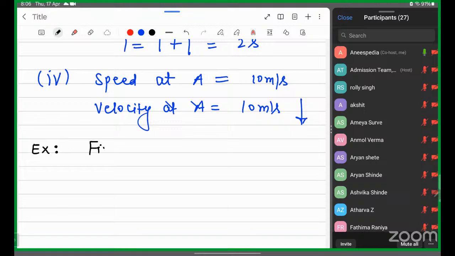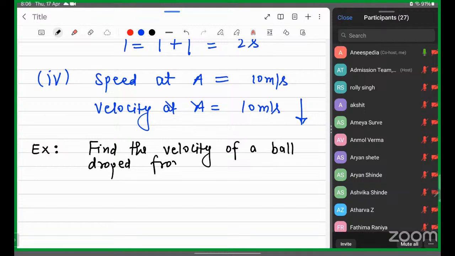Find the velocity of a ball dropped from a height of 10 meter.